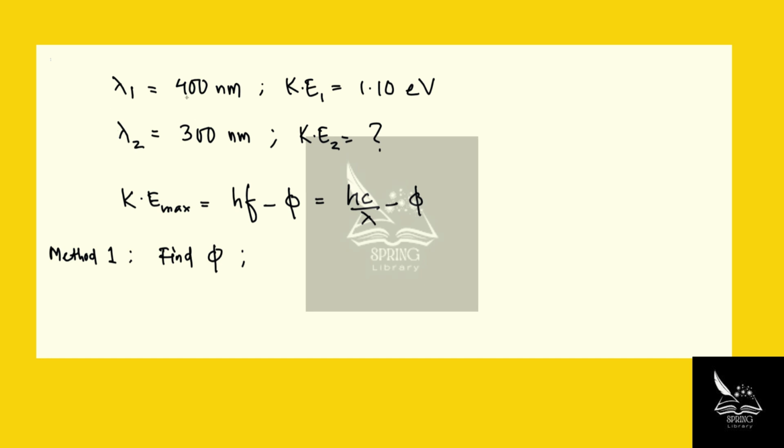So the work function for both the cases has to be same. So once you find the work function, you can apply it to the second case and use this same equation to solve for the maximum kinetic energy for the second case. So find phi first and then find Ke2. So that is one method.